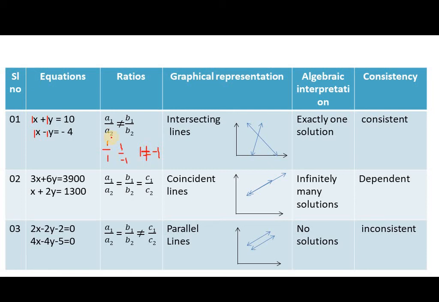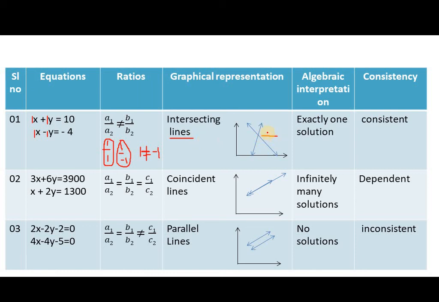So if a1 by a2 is not equal to b1 by b2, here b1 is 1 and b2 is minus 1, then the lines are said to be intersecting lines.